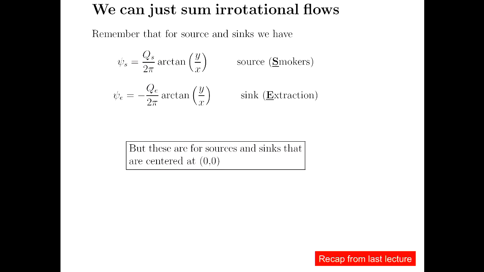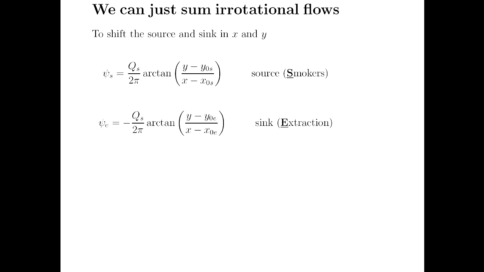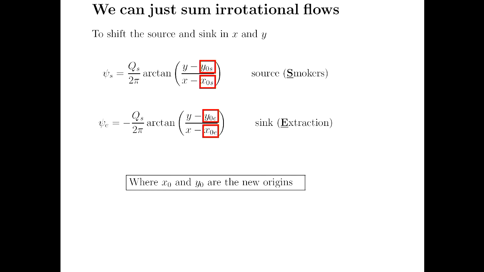But remember that this is located at our origin, 0, 0, and that's not where we want our source and sinks to be. So what we have to do is set an offset, defined as x0 and y0, where x0 and y0 are our new origins.